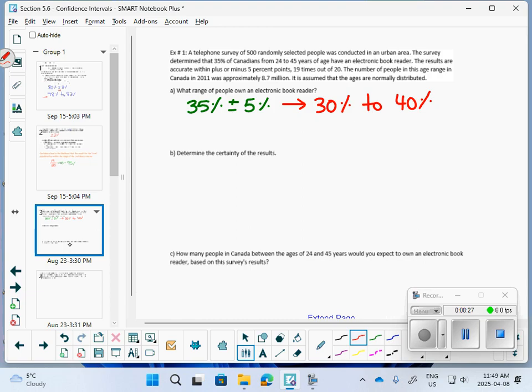We want to know of the 500 what 30% would be. So what am I going to do with 500 and 30%? Multiply. And I'm going to change this to be a decimal. I'm going to do the same with the 40. And this is going to give me the range of people now. So I had the range of percent, now I want the range of people.